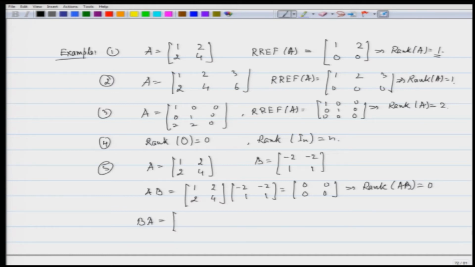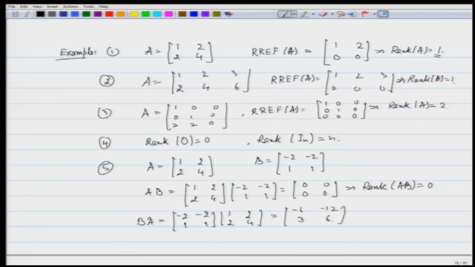If I look at BA, [-2, -2; 1, 1] times [1, 2; 2, 4]. This is equal to, multiply this by minus 2, you are looking at minus 2 minus 4, and then it is minus 4 minus 8. So minus 6, minus 12, and this turns out to be 1 plus 2 is 3 and 6, fine.